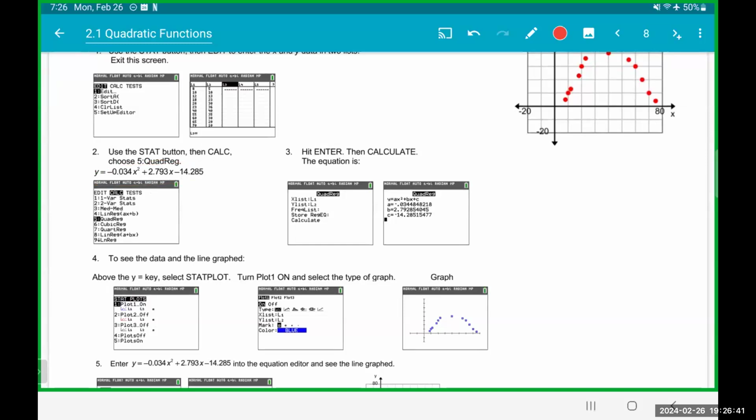Okay, so here's the picture. I go to my calculator, my calc button, and choose option number 5. When I go to my quadratic regression, I can enter over here. You can see it gives me my y, but then I can enter A, B, and C over here into this.